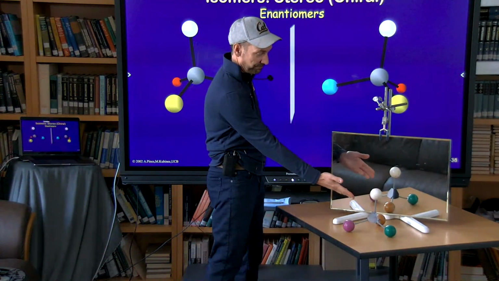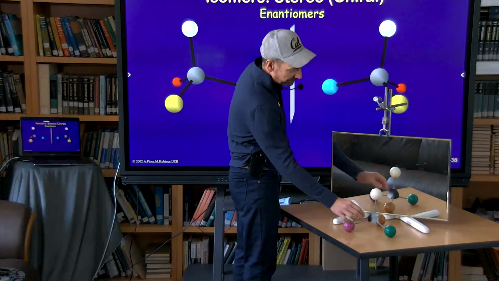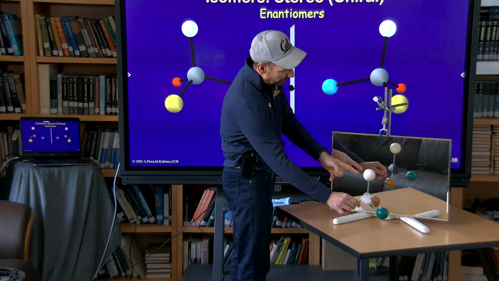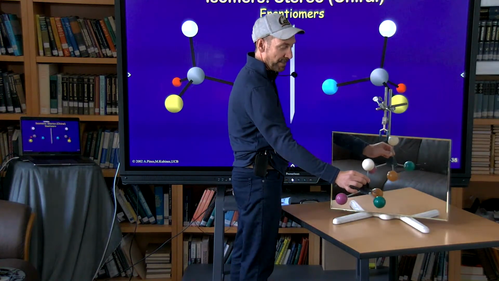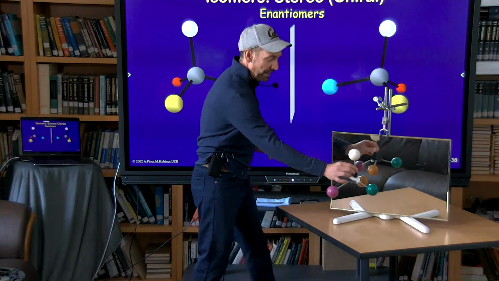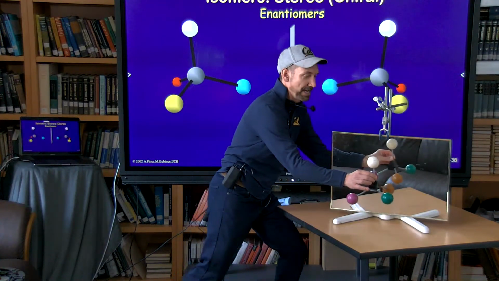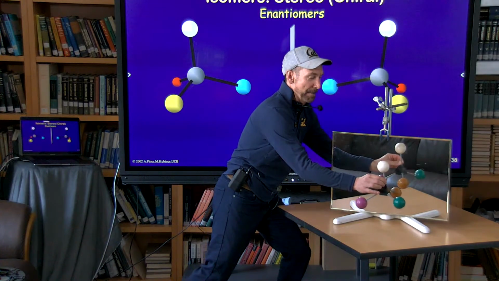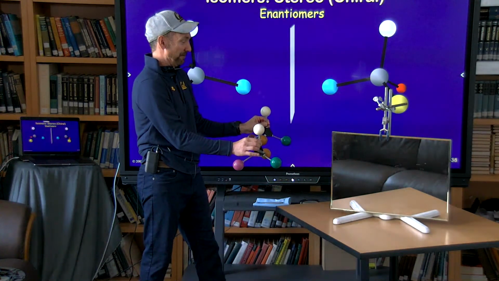So here's that molecule in the mirror. So I have that molecule and its mirror image here. But through the magic of Chem 1, I can actually reach behind the mirror and pull that molecule out from the mirror.